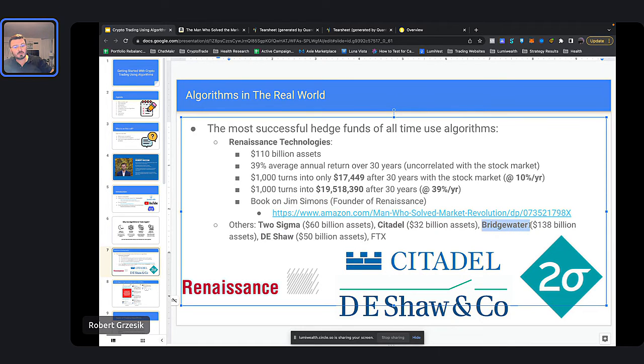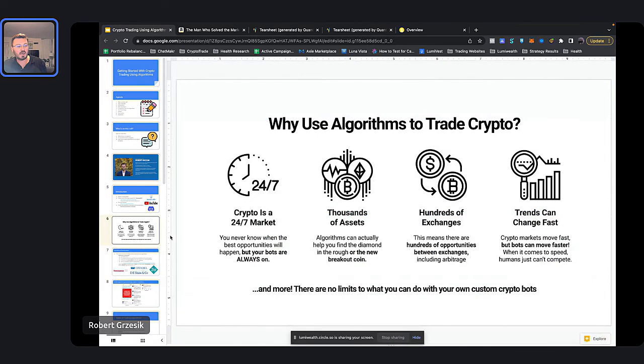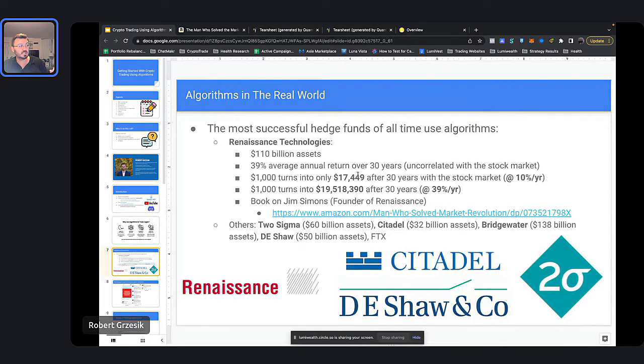Ray Dalio, same thing. He's worth tens of billions of dollars. The guy that runs Citadel, I think it's Ken Griffin, also one of the world's richest people. Jeff Bezos used to work at DE Shaw. You're seeing a pattern here, right? Some of the world's richest people have worked in this industry or still work in this industry.